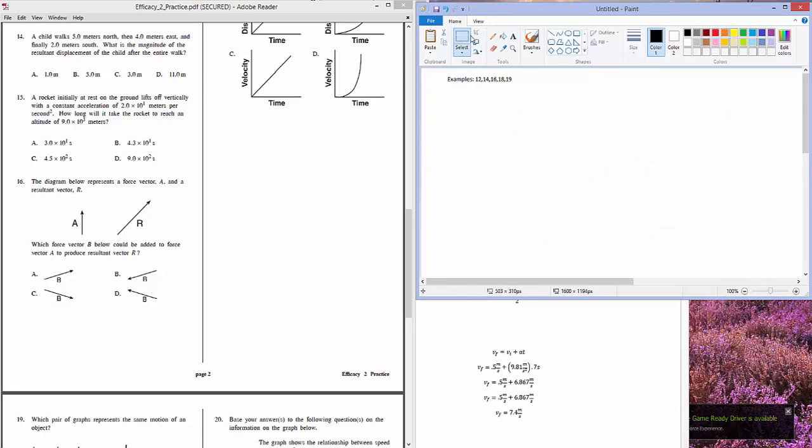Let's see if we can recreate that down over here. So if I've got a vector like that, looking like this, and then we're going to call that, let's see if I can make this bigger a little bit. It's kind of ugly.